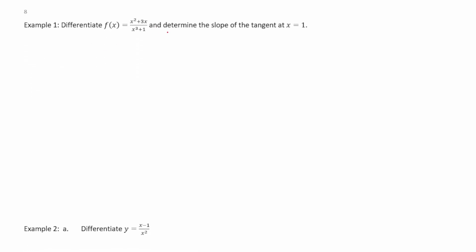Okay, we're going to differentiate this and determine the slope of the tangent at x is equal to 1. Okay, so this x squared plus 3x is my numerator function. The x cubed plus 1 is my denominator function. So again, to find the derivative, I take the denominator function and I multiply that by the derivative of the numerator function, 2x plus 3, right there.